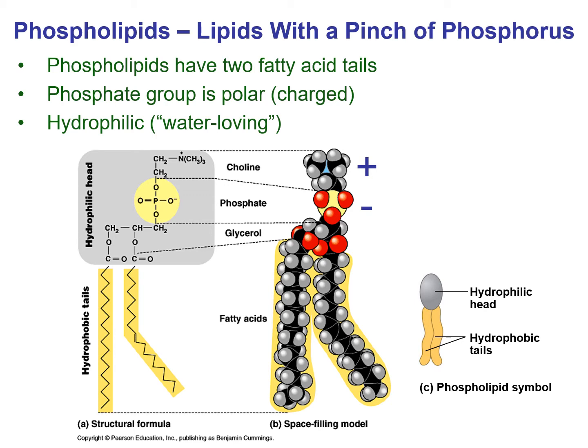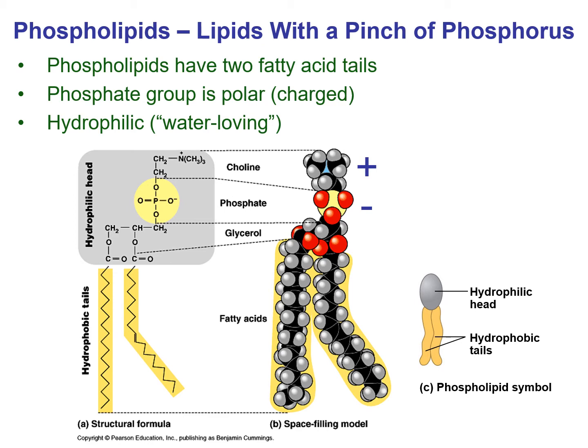We have this region that consists of the glycerol, phosphate, and choline, and that's known as the head of the molecule, and it's hydrophilic, which means that it is attracted to water. And again, that's because water has a dipole and it will interact with those charges. The oxygen on a water molecule will bind to the choline, the hydrogens on a water molecule will bind to the phosphate.